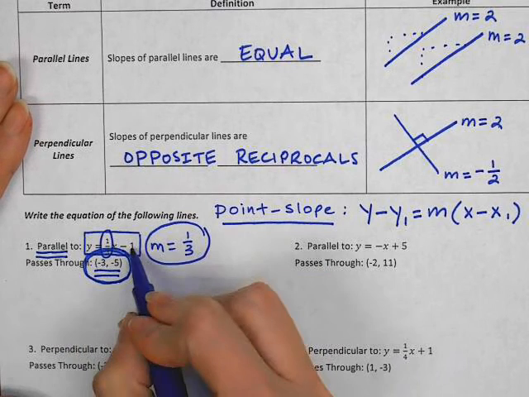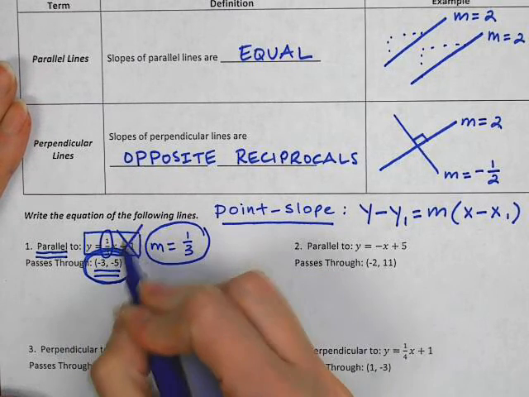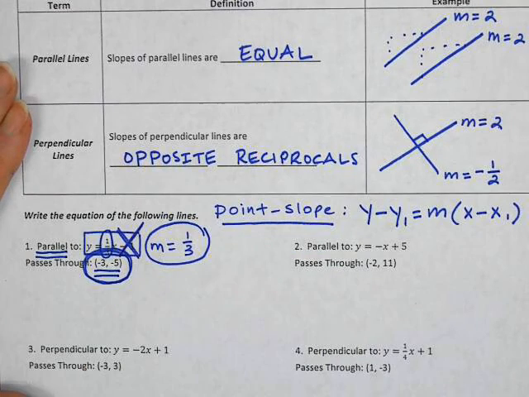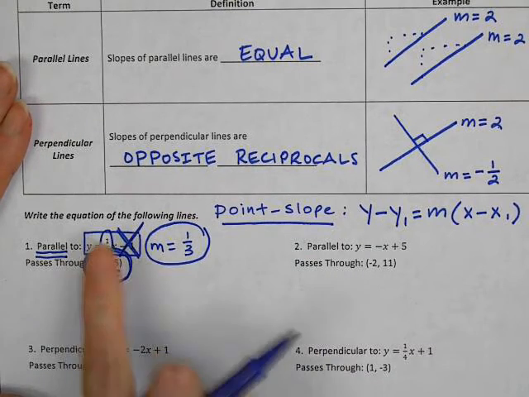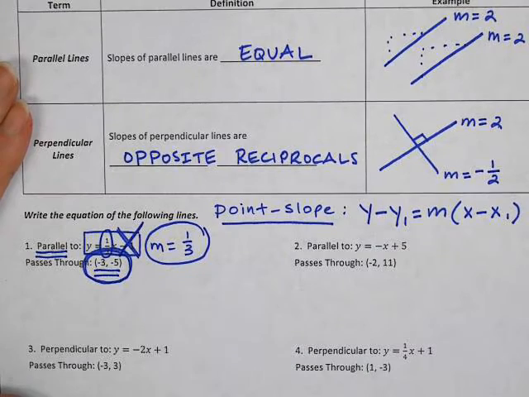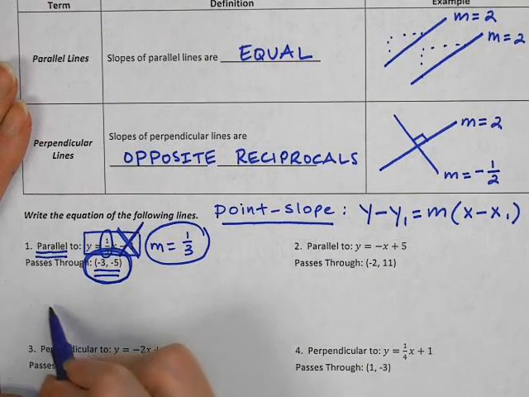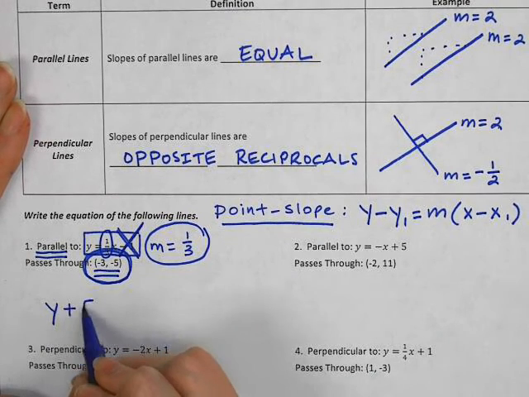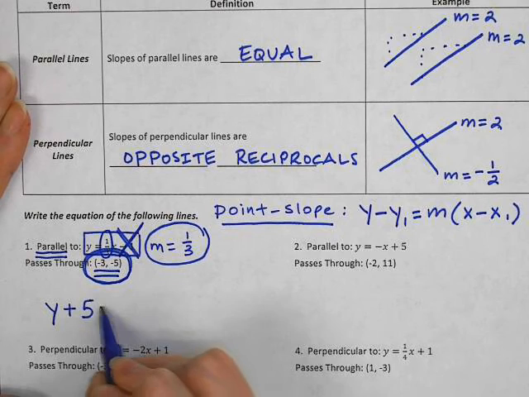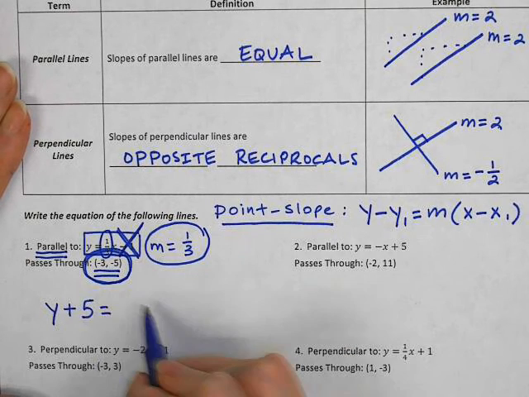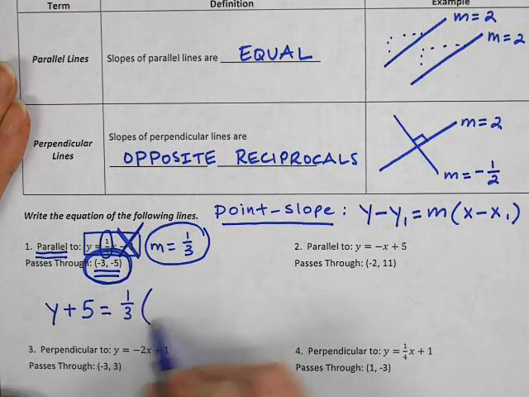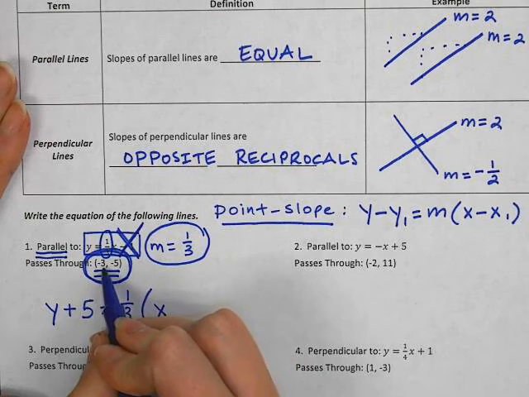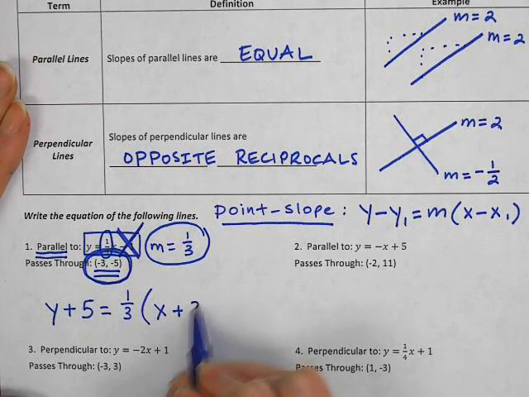This -1 does not affect the problem. Don't even look at that. You only need to steal the slope and a point. And then we're going to put it into point slope form. So y minus y1, so y plus 5, because minus minus is plus, equals m, which is 1/3, times x minus x1, but minus and minus becomes plus 3.